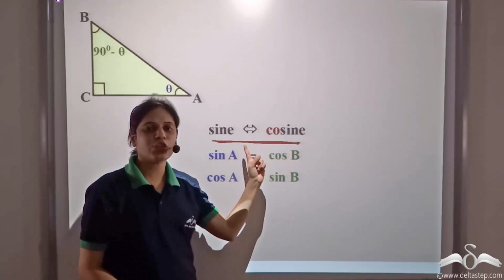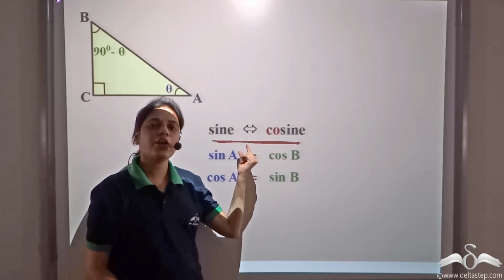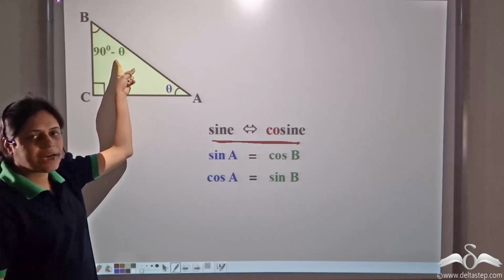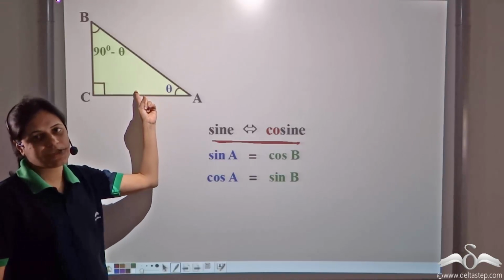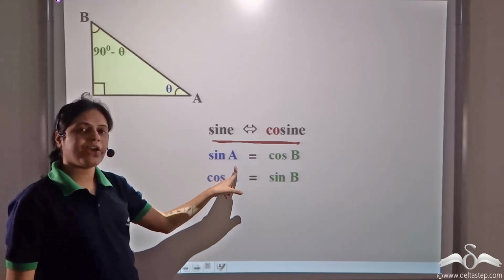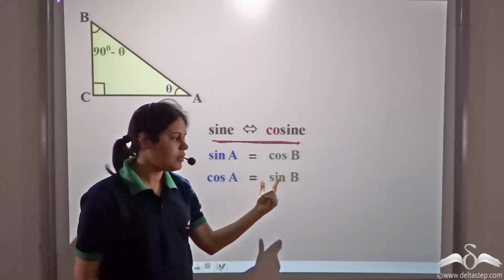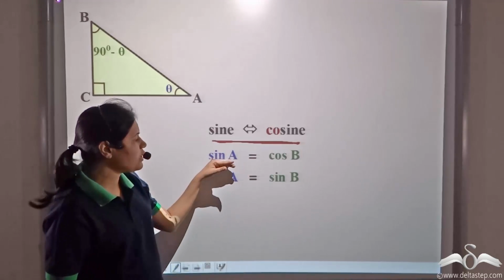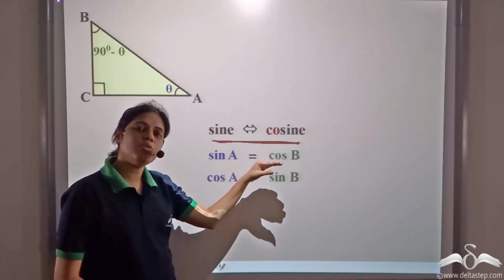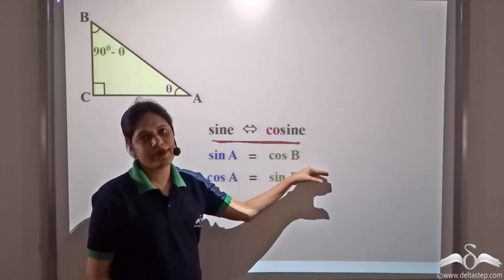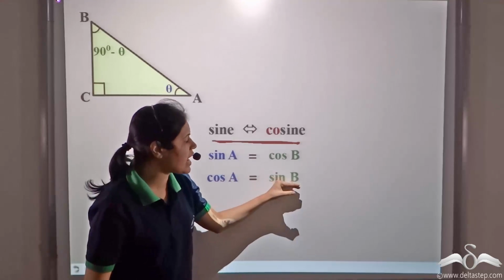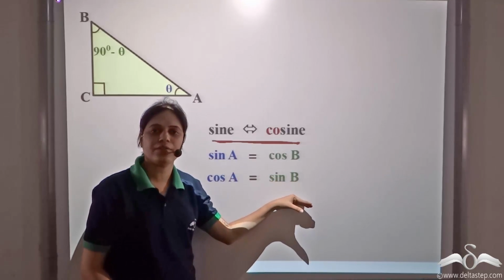These two trigonometrical ratios are complementary ratios, because since A and B are complementary angles, sine of A is equal to cos B, cos A is equal to sine B. So sine of an angle is equal to cosine of the complementary angle, and cos of an angle is equal to sine of the complementary angle.